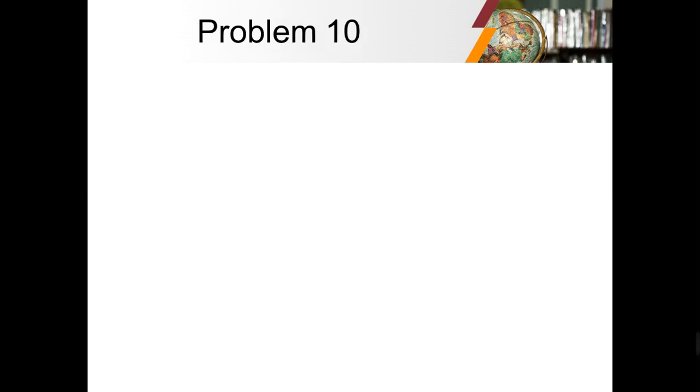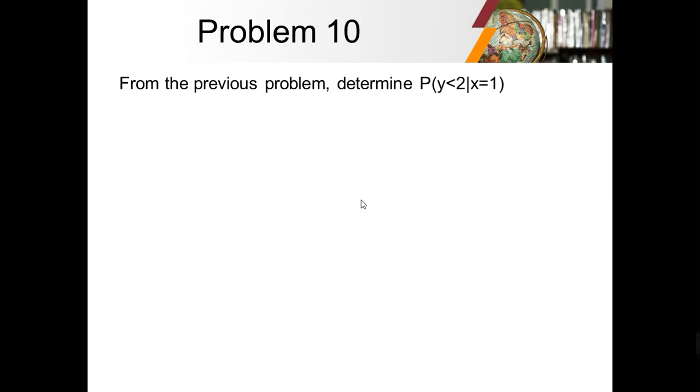Ngayon, in problem 10, let's try. From the previous problem, we are asked to determine the conditional probability that y is less than 2, given that x is equal to 1. Okay, ito na may definite na value na tayo ng y, na ang y daw ay less than 2, given ng x ay equal sa 1.